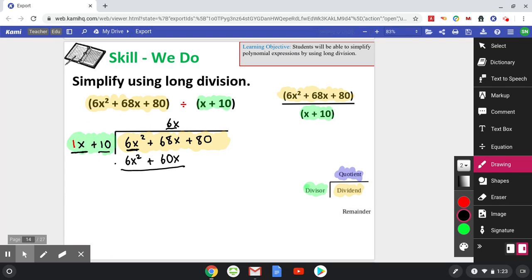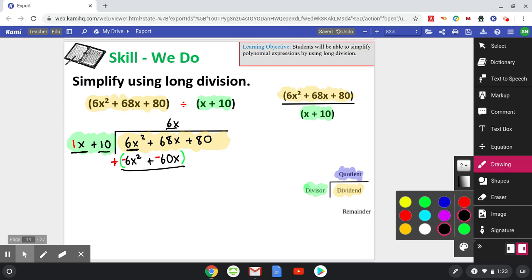We will be subtracting those, but because there are two terms, I will be putting a parenthesis around them. That means that both of them are going to become negative. So inside, we have 6x squared. We will be changing the sign to a negative, and the 60x will also be changing the sign to a negative. As soon as I do that, the negative on the outside will become a positive.